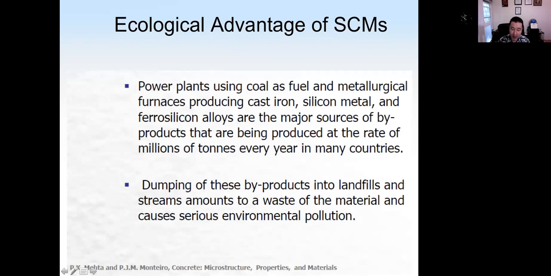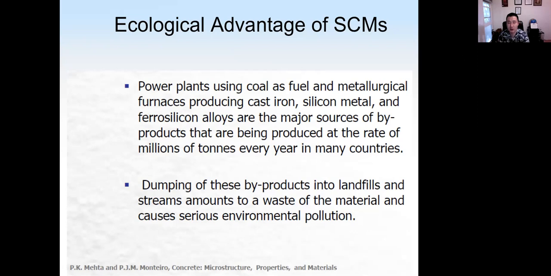For example, power plants use coal as a fuel. Sometimes they also have metallurgical furnaces that produce cast iron or silicon metal, in the case of silica fume or slag. Every year they generate millions of tons in countries all around the world.